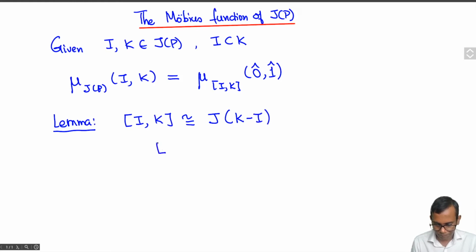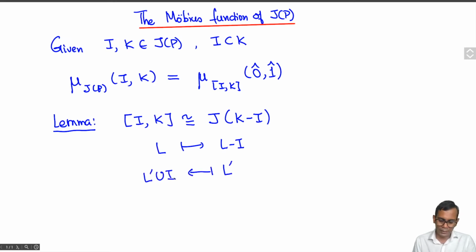Given ideal L here between I and k in Jp, you just map it to L minus I. And given an order ideal here, let's say L prime in k minus I, you just map it to L prime union I. And these will define mutually inverse functions from each of these sets to the other, thereby proving that it is a bijection.